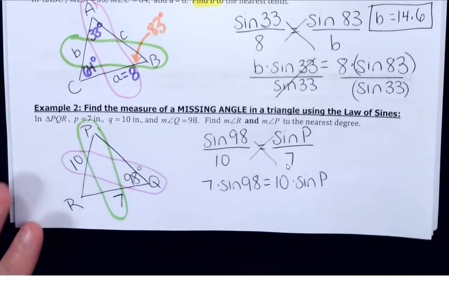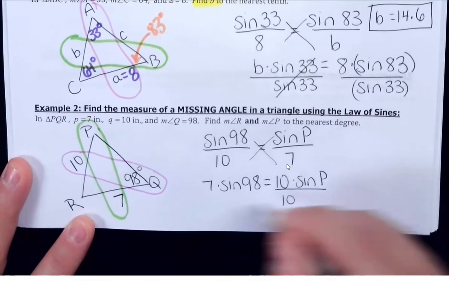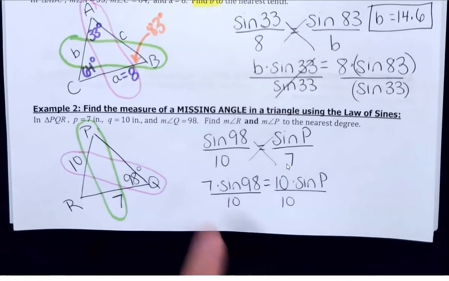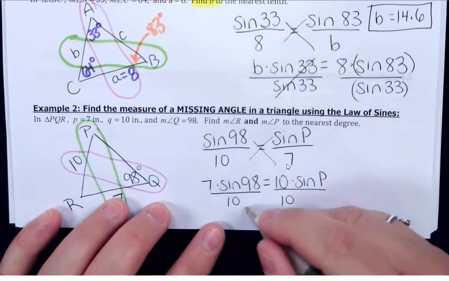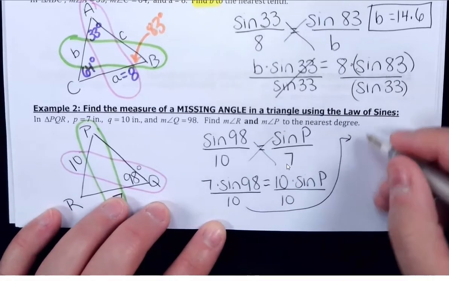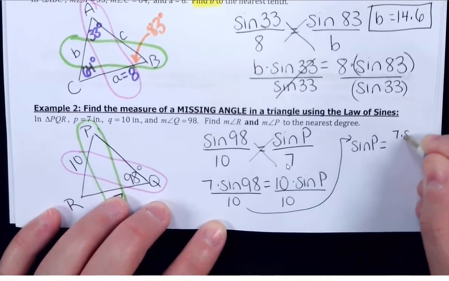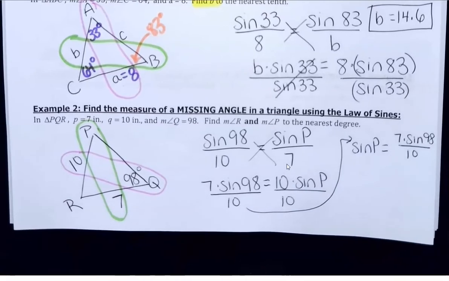Now, I need to get the sine P by itself. This whole thing, which I could calculate on my calculator, I'm going to write this out just over here a little bit. So the sine of P is going to be equal to 7 times the sine of 98 over 10. I'm going to show you two ways to do this.